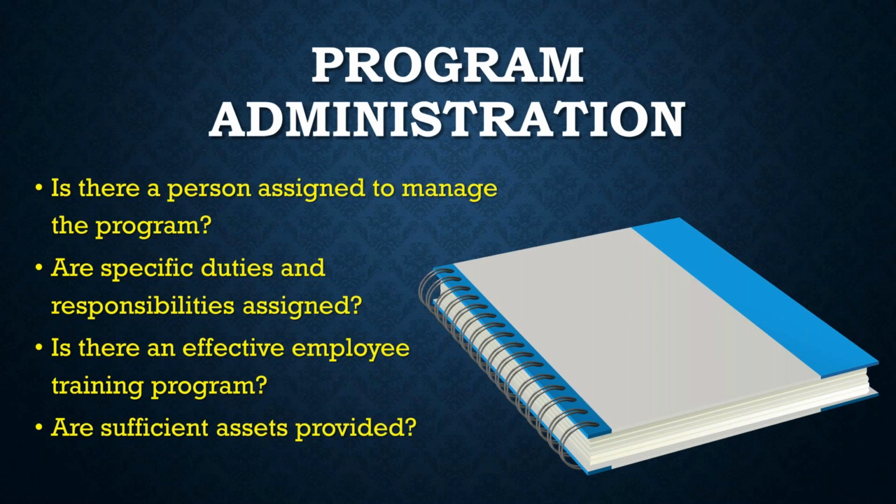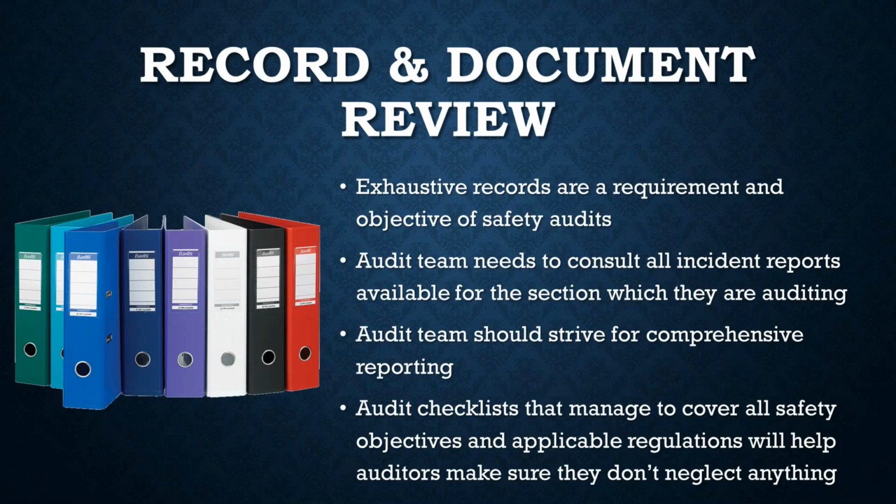What about record and document review? You guys know very well as safety folks, if it's not written down from an OSHA perspective, it didn't happen. So exhaustive records are a requirement and objective of your safety audits. Your audit team should consult past incident reports. Why?